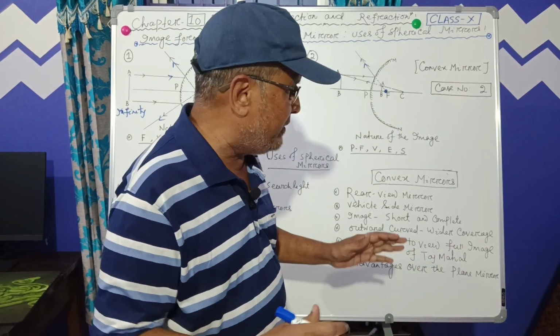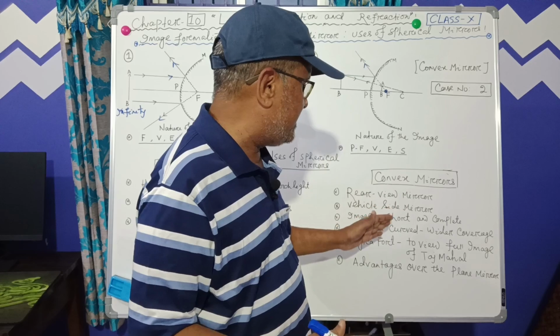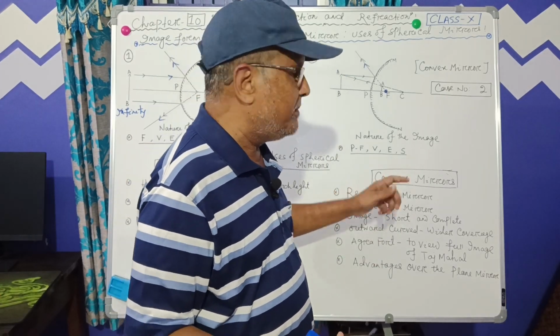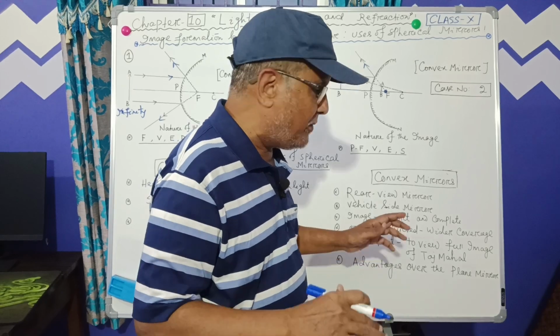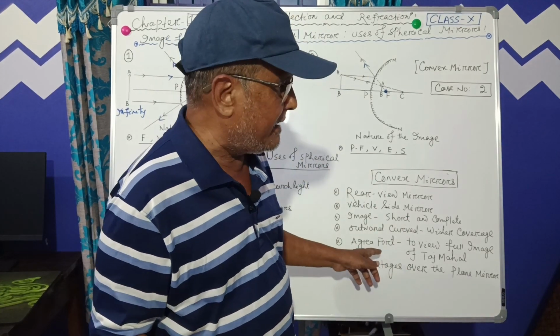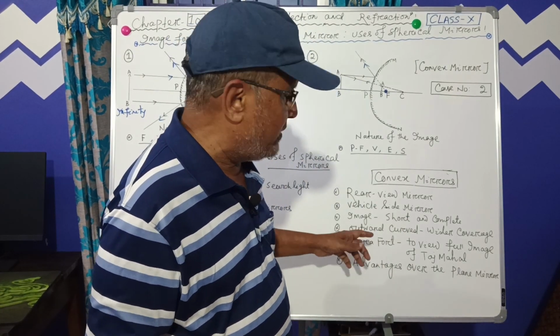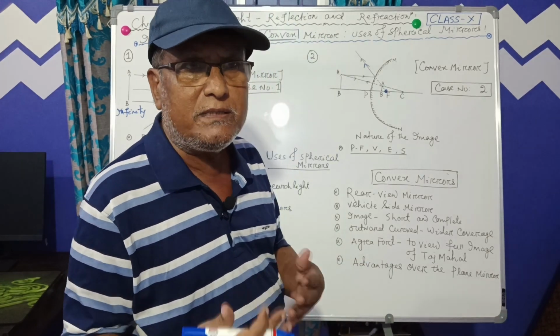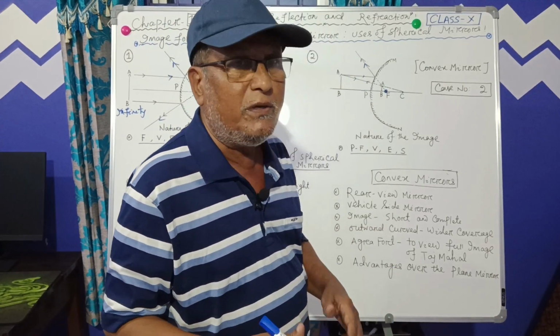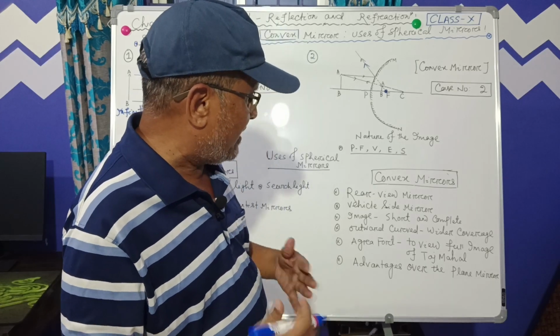A complete view of the Taj Mahal could be seen by the convex mirror fitted in the wall of Agra Fort. So whenever you visit, please experiment with it, check it, observe it, and watch it.